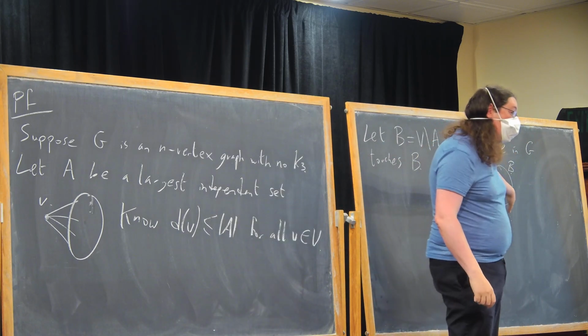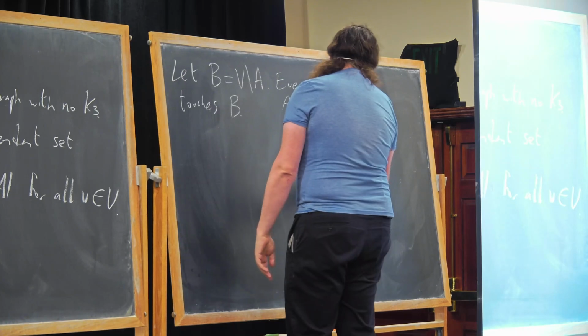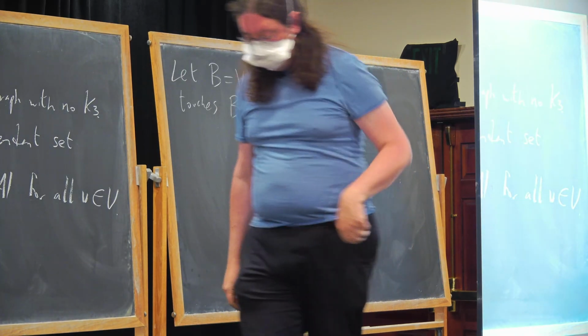We don't know anything about this thing yet, but we know there are no edges in here, so either you're getting edges across here or you're getting edges in here. In either case, you're touching B.